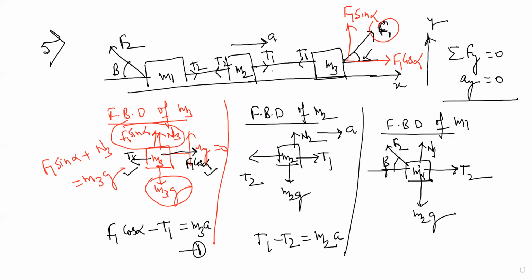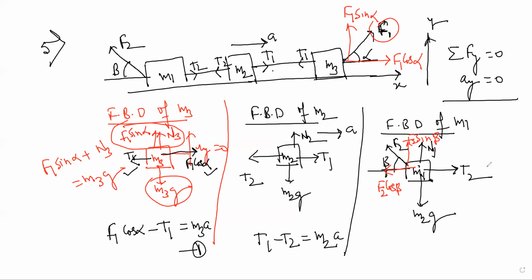Now we are going to resolve these forces. So the component of F2 in this direction will be F2 cos beta, and in the vertical direction will be F2 sin beta.